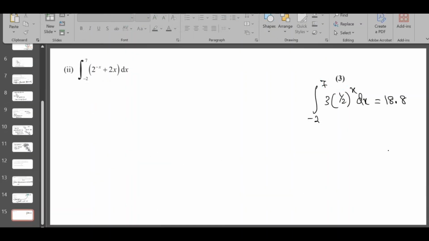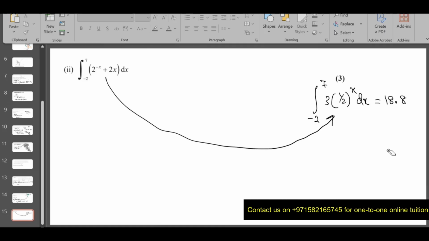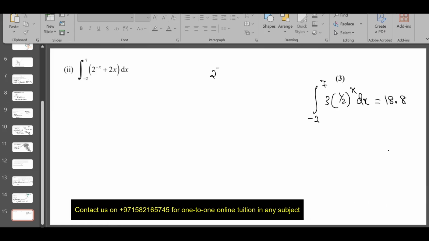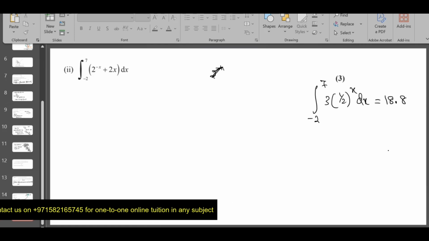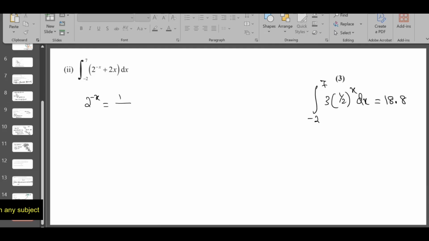Let's look at part 2 now. You have 2 power minus x plus 2x. You need to write it in this format. 2 power minus x is the same as 1 over 2 power positive x, which is the same as 1 over 2 power x, right?